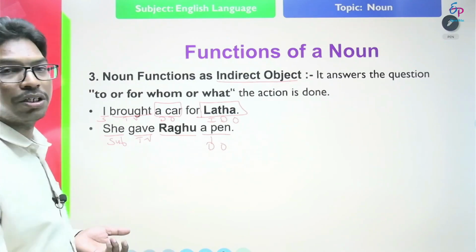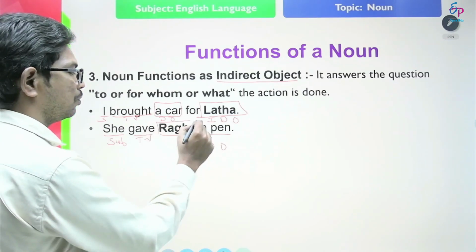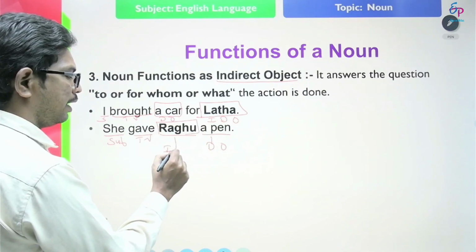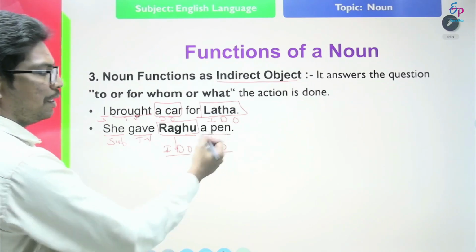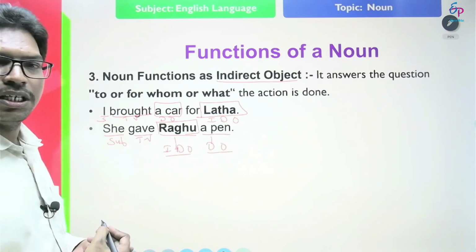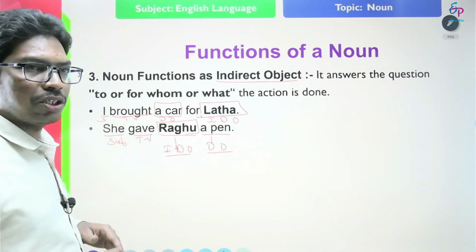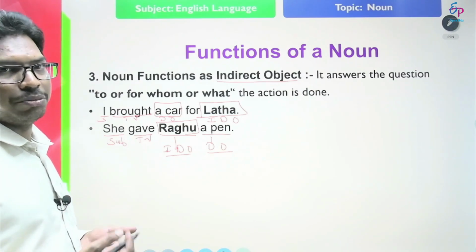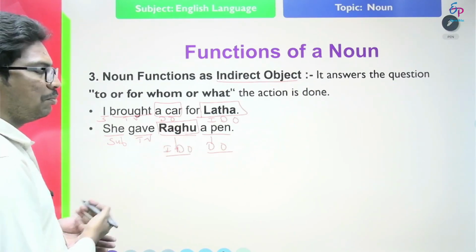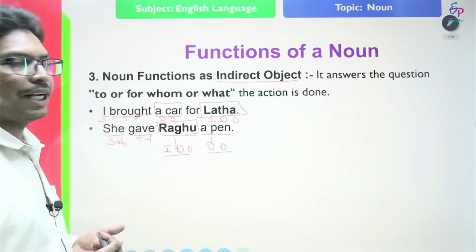It answers the question what she gave. And for whom she gave that pen? To Raghu. So Raghu is called indirect object. And pen is direct object and Raghu is indirect object. She gave a pen to Raghu. So now you clearly understood what is indirect object. It answers the question to whom or for whom the action is done. And here indirect object is a noun or pronoun. So noun functions as indirect object.